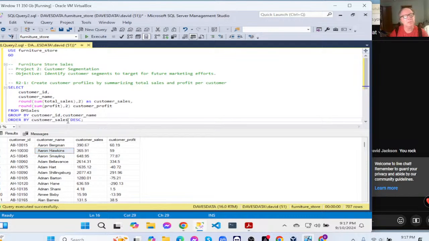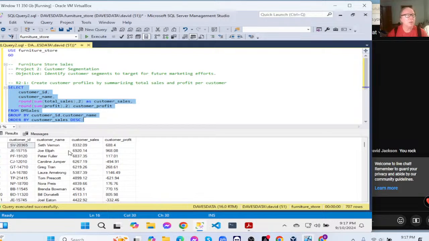Let's sort. And you see the two created columns, okay? Now does most sales mean most profit? That's the other question. Seth Vernon has the most sales.